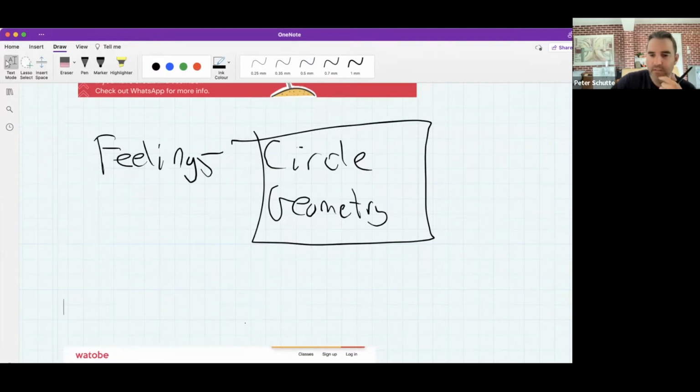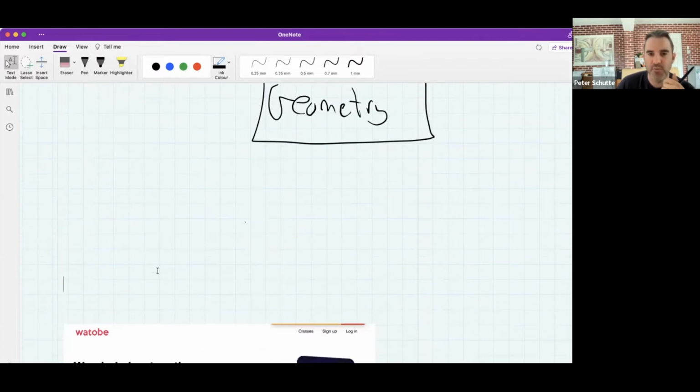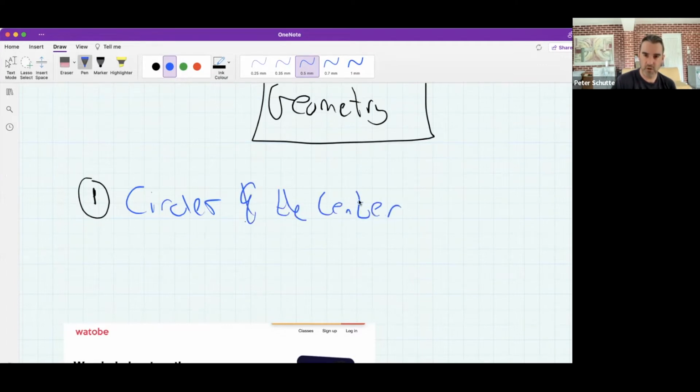So when I think of circles, there's a couple of different sections, but basically there's three main groups of facts that you need to know about. And so I always think about the first group being circles and the center. So there's a whole bunch of facts that you need to know about circles and the center of the circle.